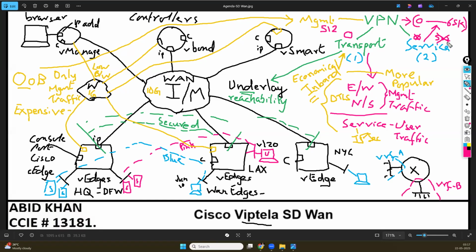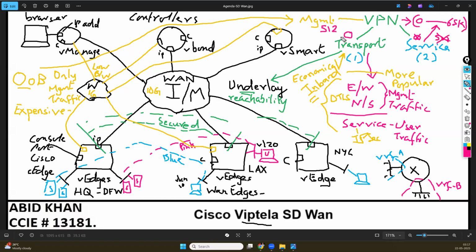If I try to assign the number 512 or 0, it will give us an error saying these two numbers are reserved for transport VPN or management VPN. 0 can be used for transport VPN, and 512 can be used for transport or management VPN. Also 0 can be used for management VPN and 512 also can be used.